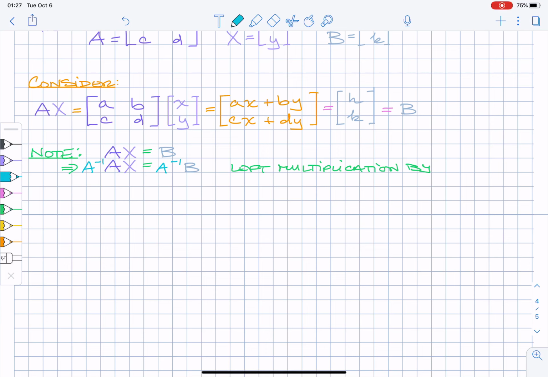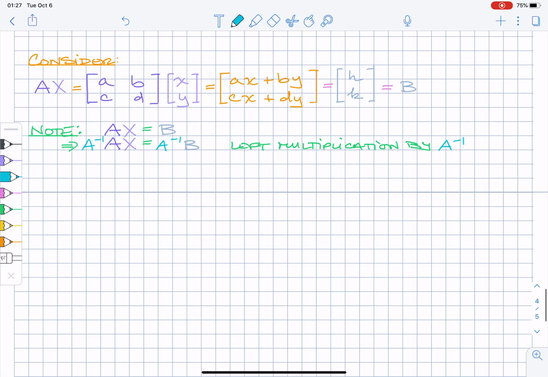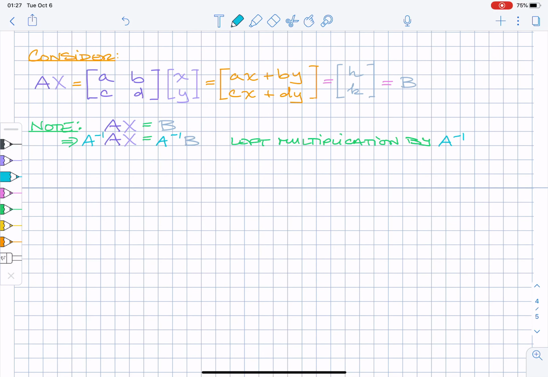Remember, it's not commutative. If I multiply on the left, that's it. I multiply on the left.